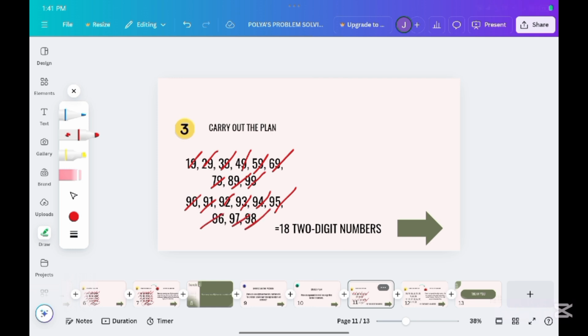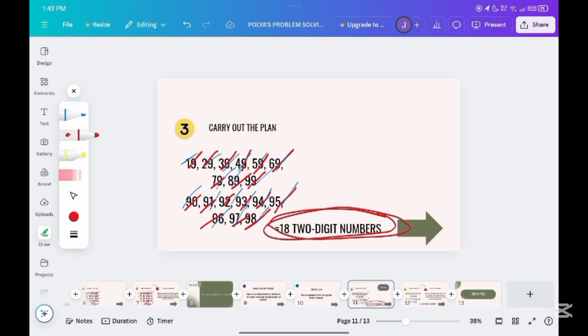Let's count now all 2-digit numbers that contain a 9. 1, 2, 3, 4, 5, 6, 7, 8, 9, 10, 11, 12, 13, 14, 15, 16, 17, and 18. So all in all, there are 18 2-digit numbers that contain a 9.